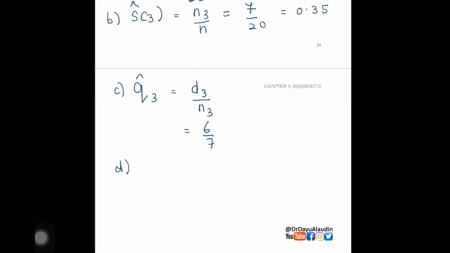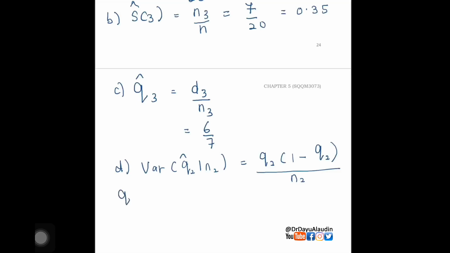So D, we calculate the variance for the conditional probability at t equal to 2. If you refer back to the formula, we use Q2 times 1 minus Q2 over N2.